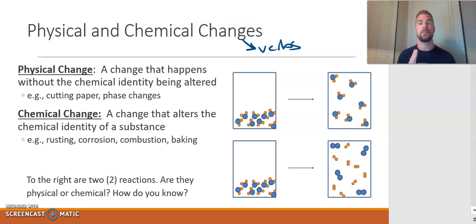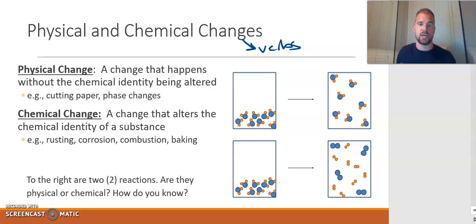I can cut a piece of paper and change its appearance without actually changing the substance. I still have paper. Maybe a more chemistry example would be a phase change. For example, let's say I had liquid water and now I have water in the gas form. You still have water, it's just the appearance has changed. So this would be an example of a physical change. Nothing new is created, it just looks different.